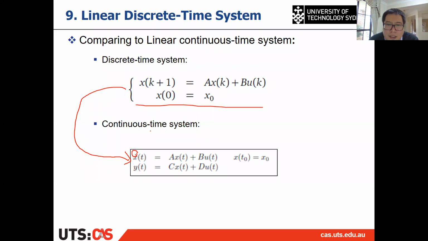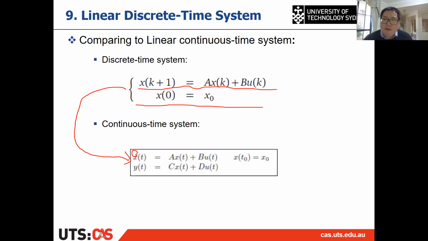Instead, the formulation is x_{k+1} = Ax_k + Bu_k, which means that the state in the next step is a linear function of the state and the control in the current step. Right, so that is the standard formulation of the linear discrete time system.